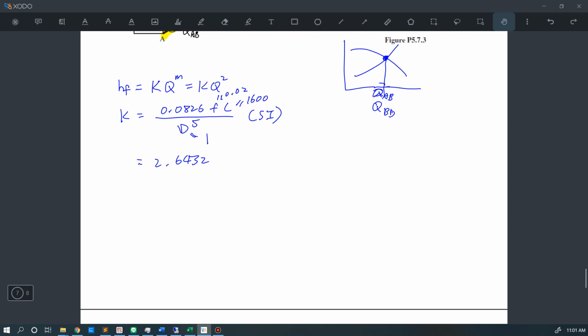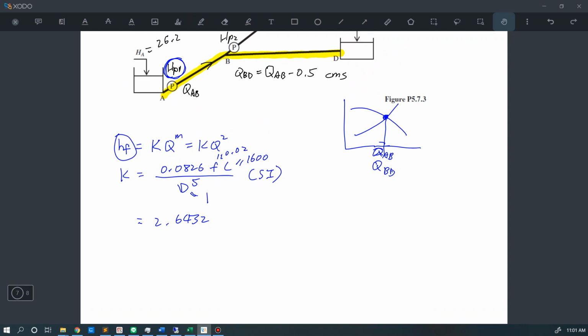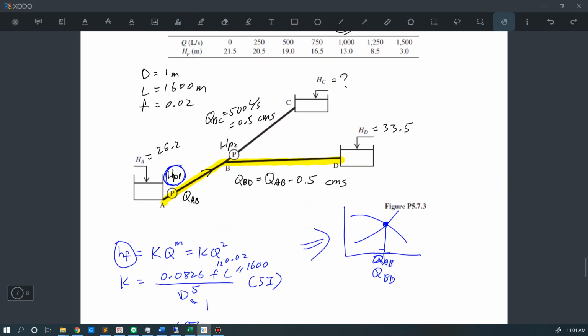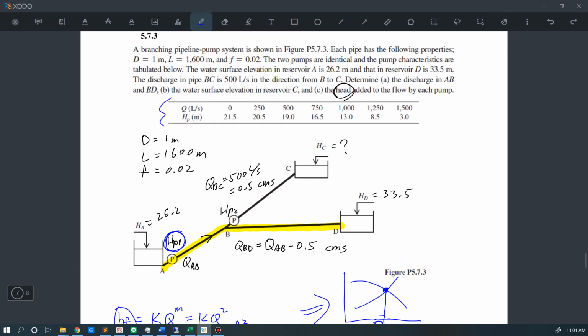Okay, so we have the equation to calculate the head loss. So the next thing we want to do is to plot this system curve and pump curve out. And we have the pump characteristic showing in this table, but we need to translate this unit into cms, which basically just divide everything by 1000.